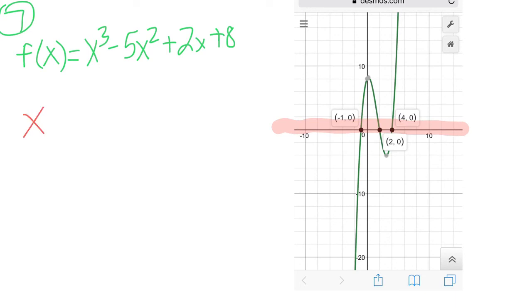So when I go to write my set of x values where y is equal to 0, my solutions along that x-axis are -1, 2, and 4. So for this one, my function is equal to 0 at the x values -1, 2, and 4.